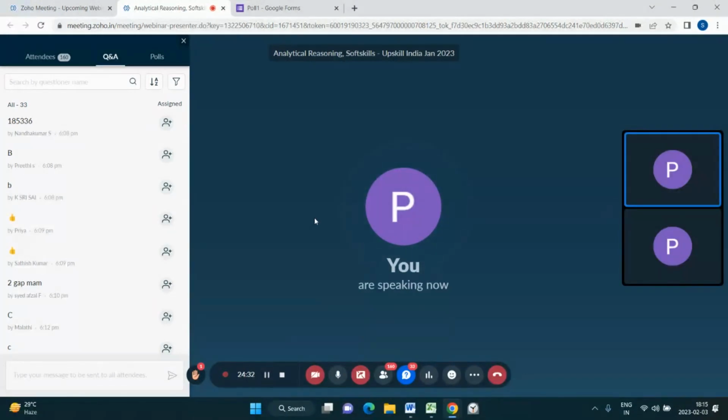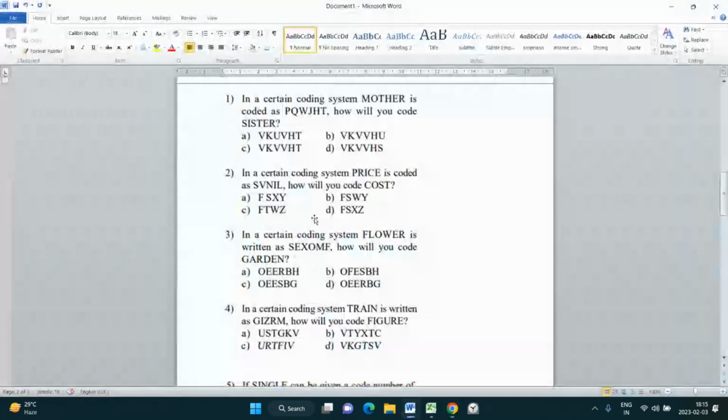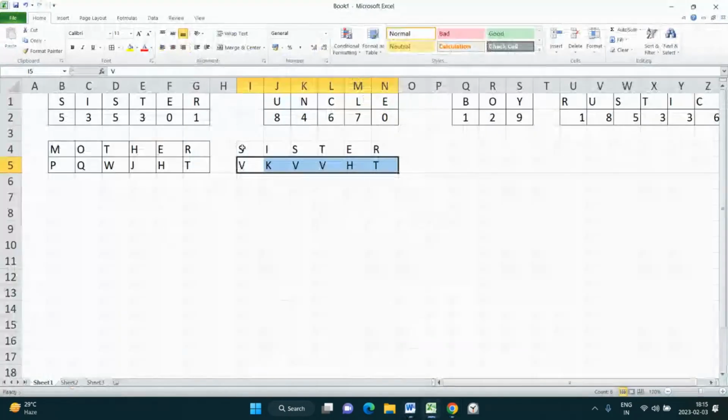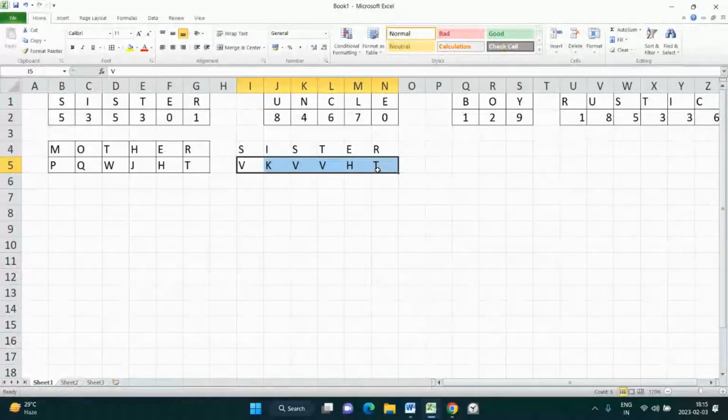Somewhere or the other, you need to identify the pattern in which the example word is formed. Based on the same pattern, you will try to encrypt. In this case, you are encrypting sister as this. This is your own encryption method.